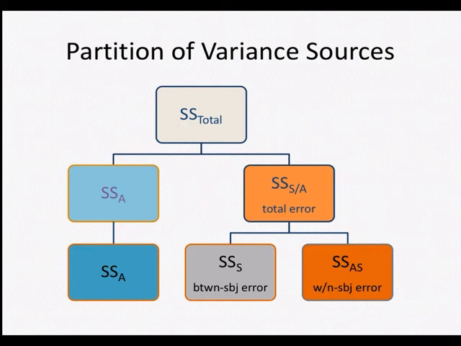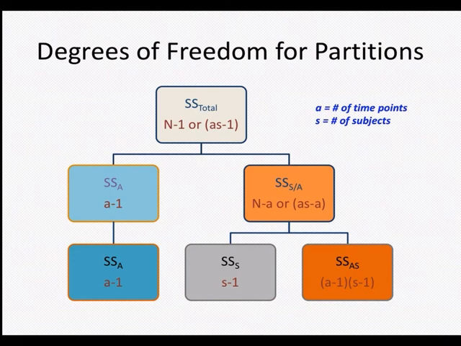I struggle myself. Okay, so now this is how degrees of freedom are calculated, and I think this would be important to know. So for the sum of squares for the IV, the IV over time, it would be the levels, like if it was measured across 4 time points, it would be 4 minus 1. So the degrees of freedom would be 3.